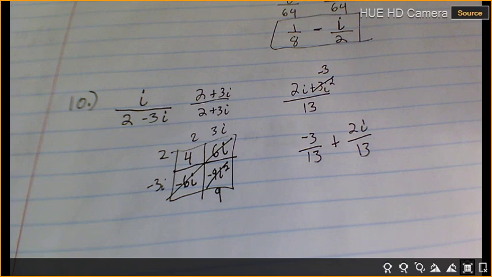Where are you getting 21 from? There's no 2i, you mean? If you get 2i over 13 plus negative 3 over 13, then you just have to switch them, because the i has to come second.